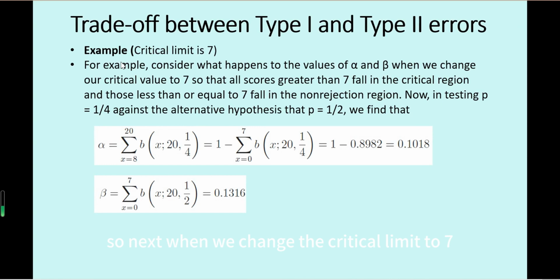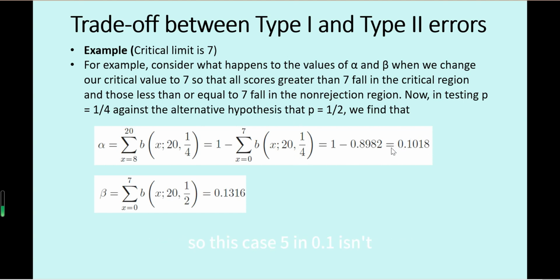Next, when we change the critical limit to 7, we calculate again. In this case, alpha is the probability that you can get 7 or more when the success rate is 1 of 4, so when the null hypothesis is true.